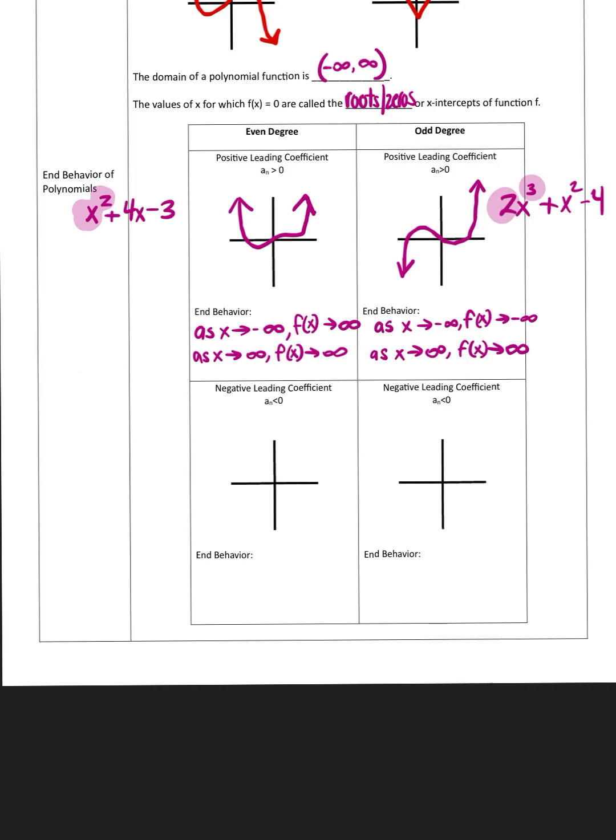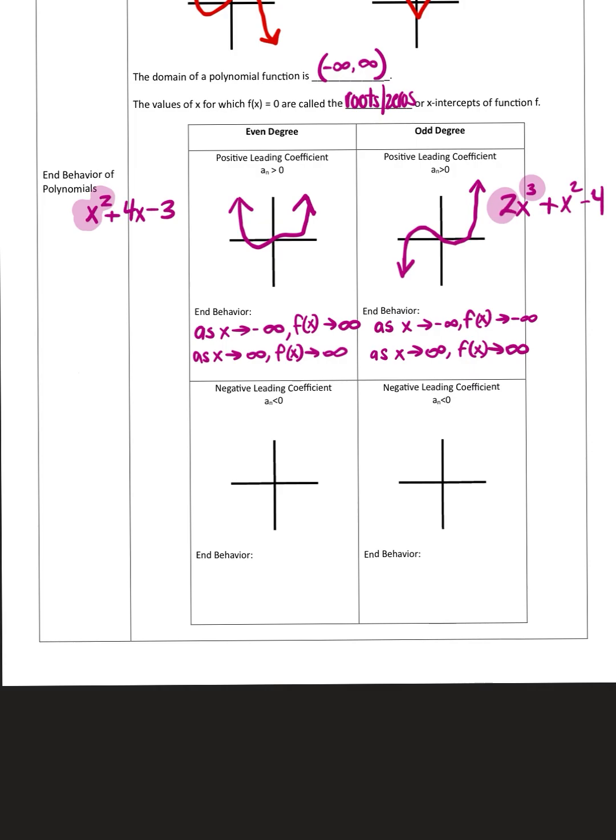Okay? All right. So now let's look at even degree negatives. If even degree positive was facing up, I guess you can imagine that negative leading coefficient even degree functions are going to be facing down. And if you guess that, you are correct.